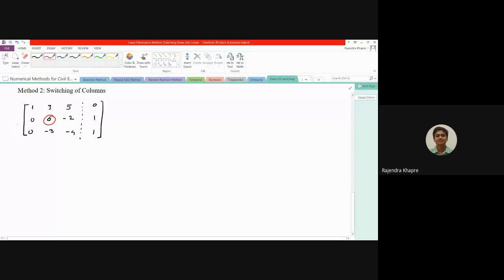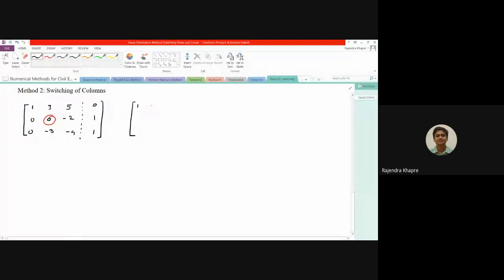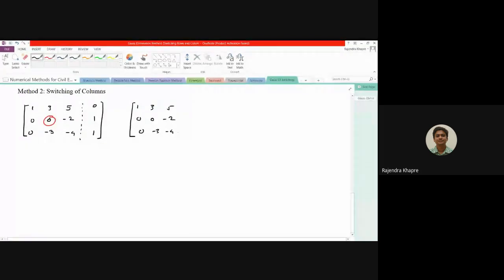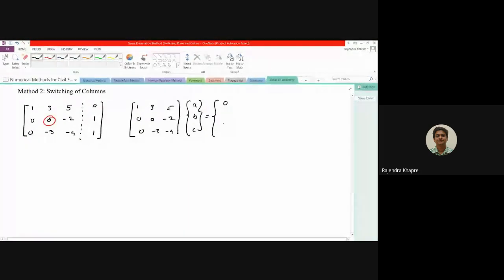Before exchanging the columns, you need to understand that if you write this augmented matrix into actual matrix form, it is 1 3 5, 0 0 and minus 2, 0 minus 3 and minus 4. This is getting multiplied with a, b and c, and here you should get 0, 1 and 1.